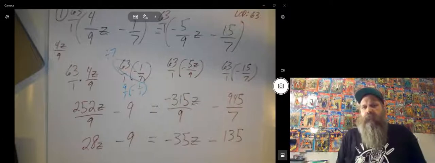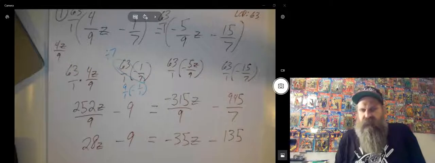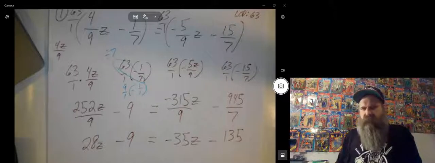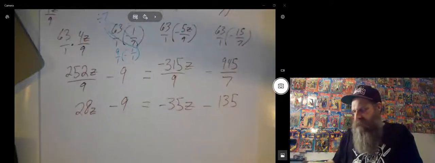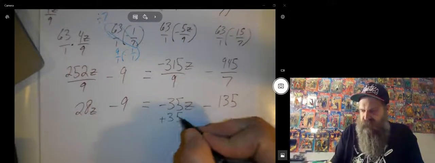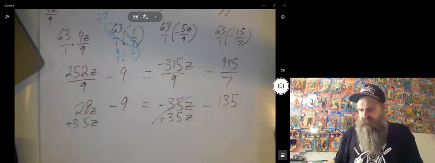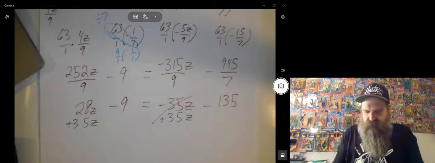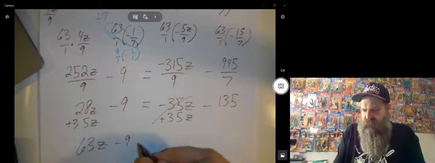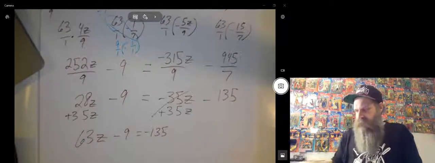And now we have a basic equation with no fractions. And we can solve by moving the variables to the left, the constants to the right. So move the z's over. So I add 35z to both sides. And we get 63z minus 9 equals negative 135.